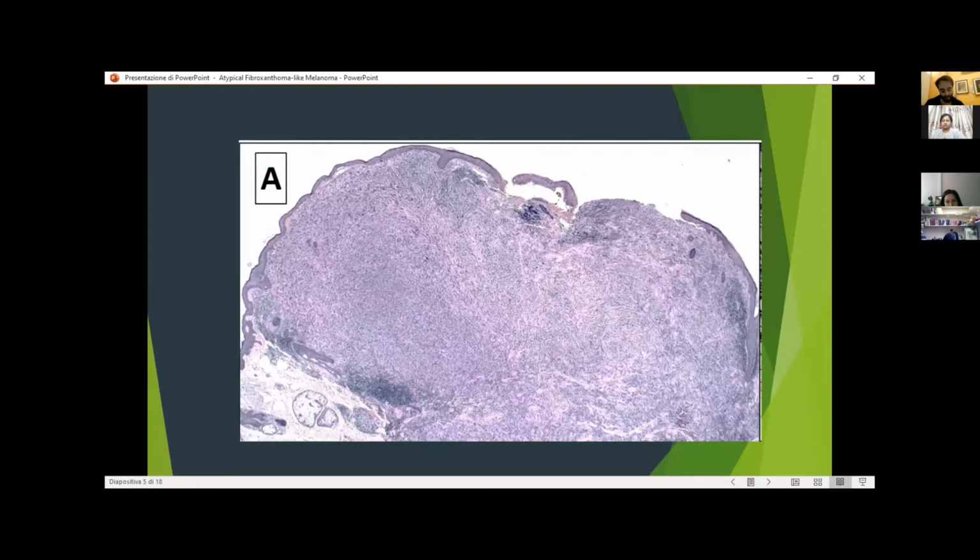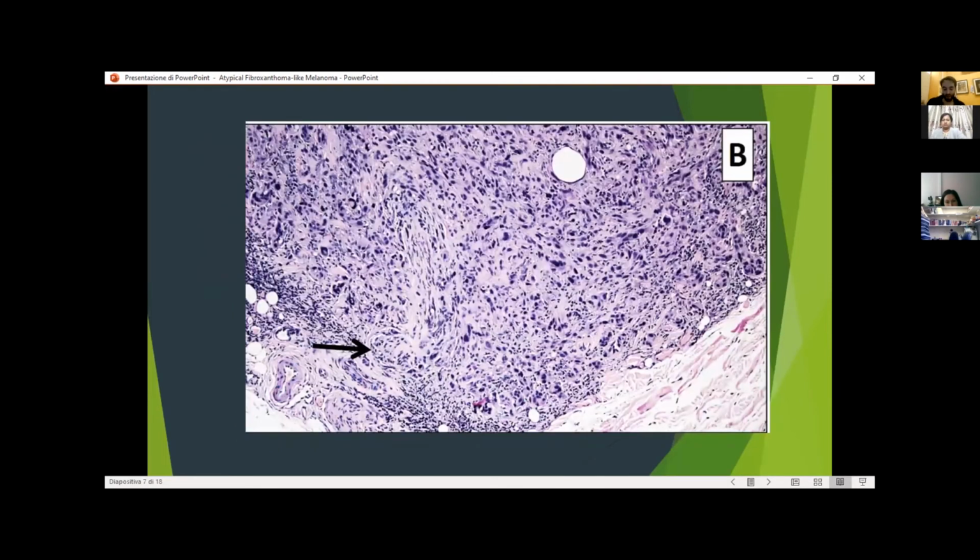On the other hand, the lesion was noted to make contact with the surrounding nerves. The morphological characteristics were coherent with the diagnosis of a fibrohistiocytic lesion of the atypical fibroxanthoma family.